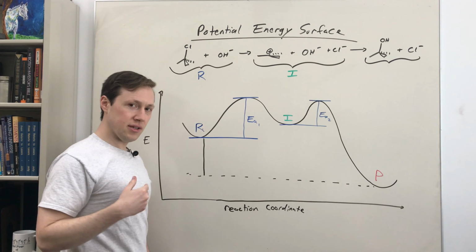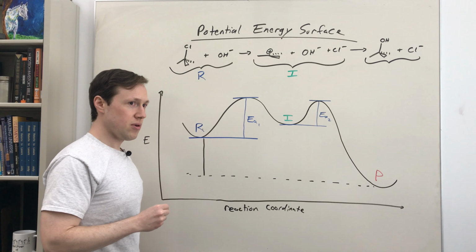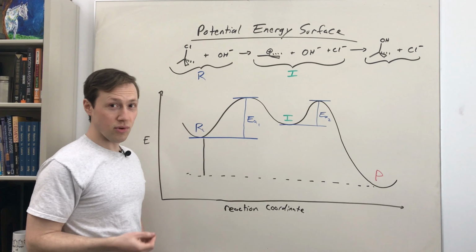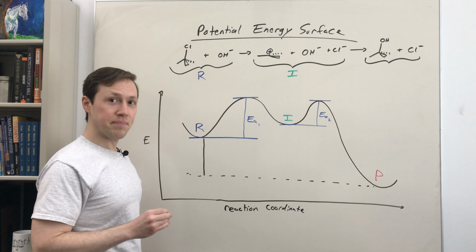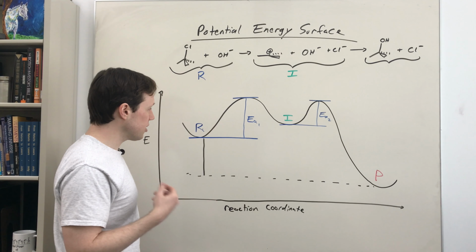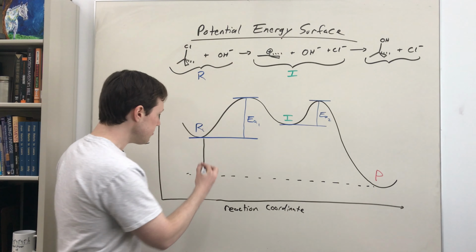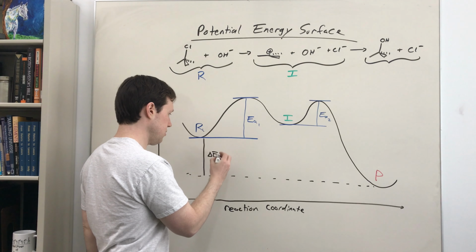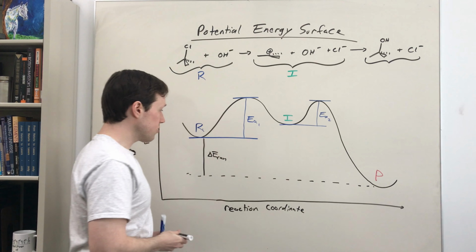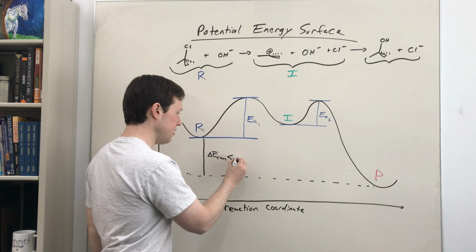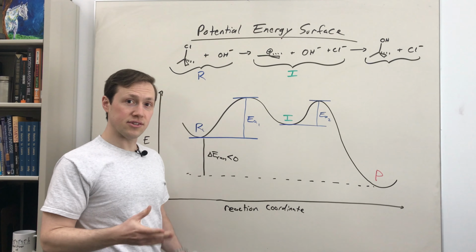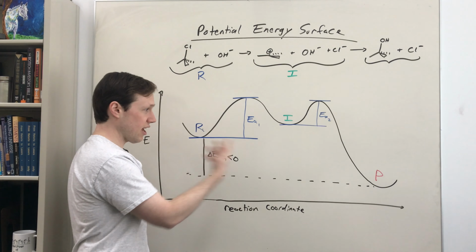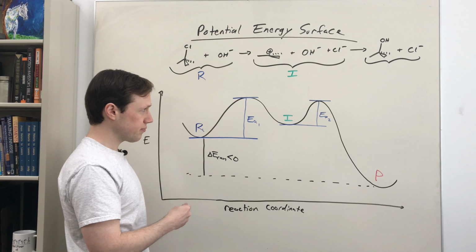That amount is related to, although for reasons that you'll learn about in more advanced courses, not quite the same as the delta G we would expect for a reaction. So you can see in this case, the delta E for the reaction is less than 0. The reaction is becoming more stable.